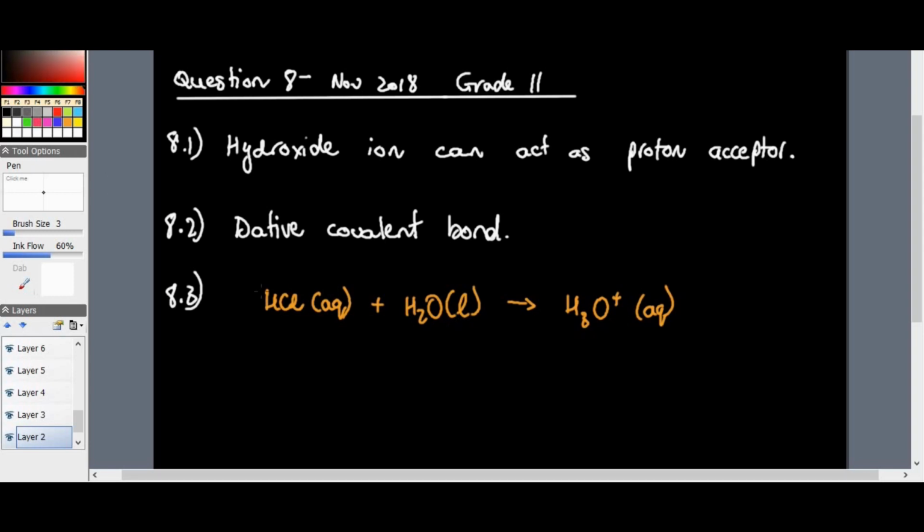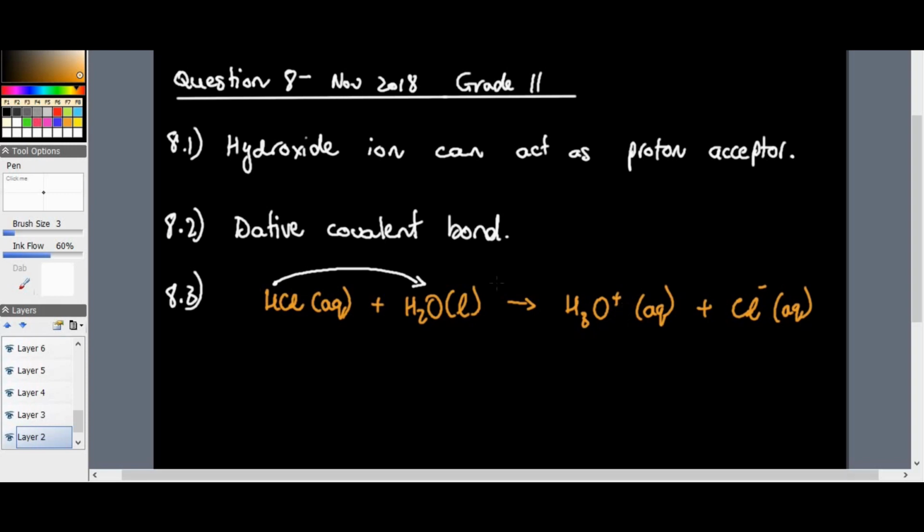Just to explain again, this little positive hydrogen is going to go over to the water, and we're left with just the chlorine, so plus Cl minus, also in aqueous solution. So that's our ampholyte, because it acts as an acid or as a base.